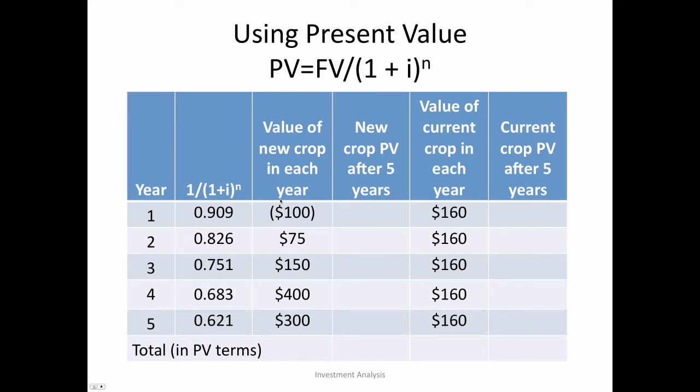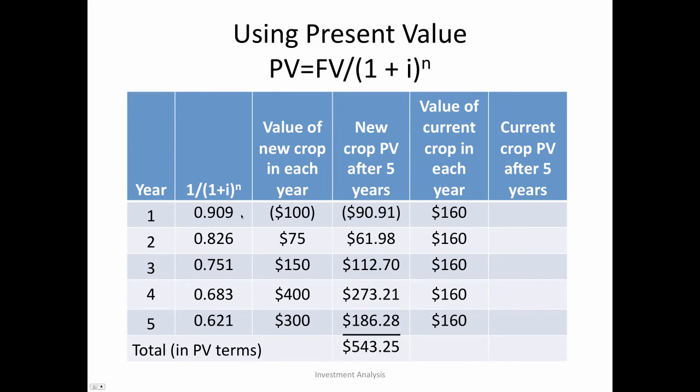We often denote losses in parentheses. So I would multiply the $100 loss by 0.909, and what I end up with is a present value of $90.91. And if I go through and do that for each and every single year, and then add those up, the present value of the stream of benefits from that new crop over the course of those 5 years is equal to $543.25.